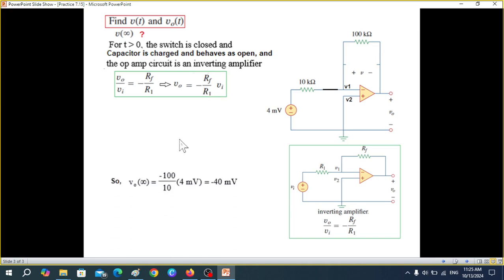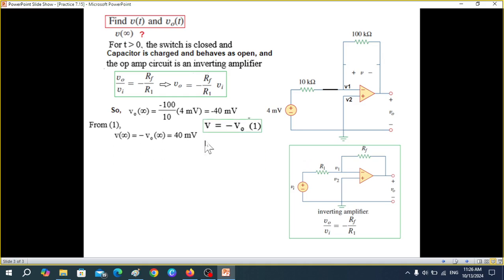So in the case of infinity, we can now write V infinity. The resistance Rf is 100 kilo and R1 is 10 kilo, and our input is 4 millivolt. So V0 infinity is minus 40 millivolt.